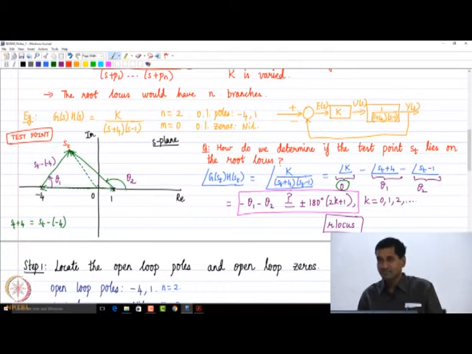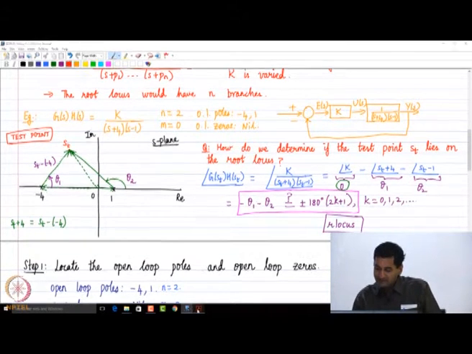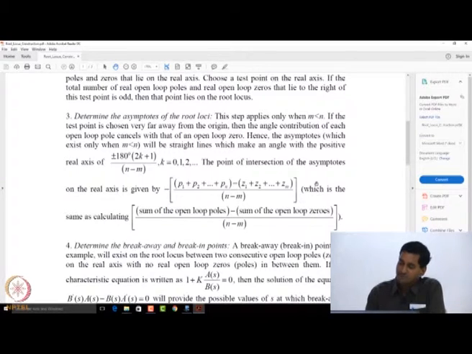Do you agree? That is how we get this equation. If the test point is chosen very far away from the origin, then the angle contribution of each open loop pole cancels with that of an open loop zero, because the phase contribution cancels off between the open loop pole and the open loop zero, as they are equal in magnitude.